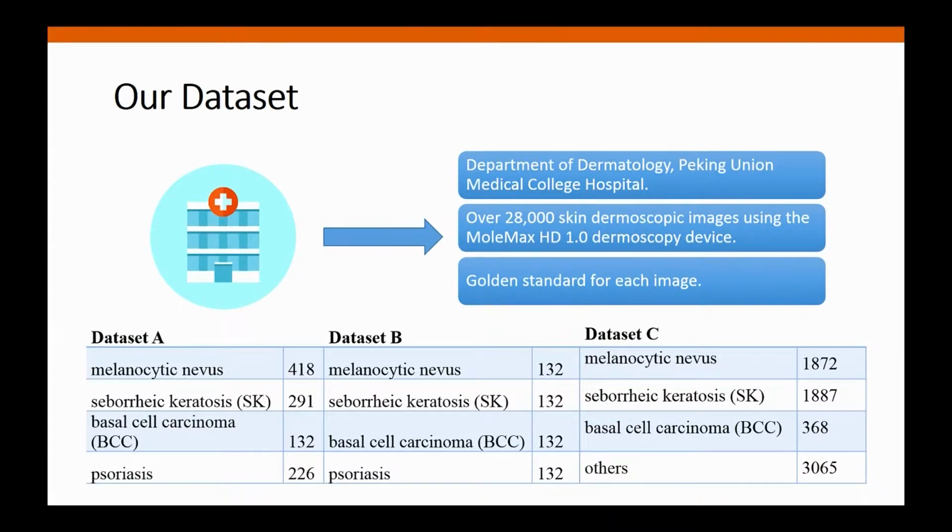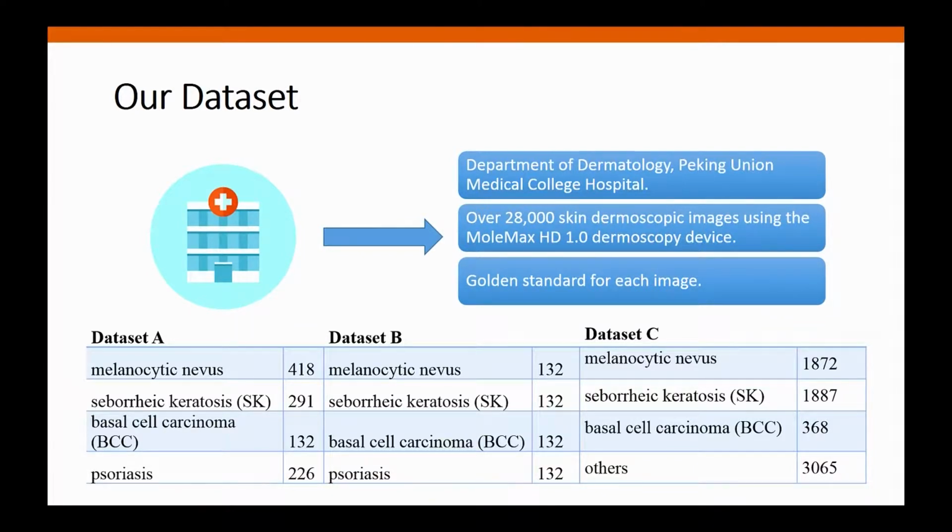For data set A and B, the only difference is that we wanted to test if there is any influence of the uneven distribution of the images in their different categories. So for data set B, we extract the same amount of images from each category, that is 132, to run experiment B. And for data set C, you can see the amount of images that we use improved a lot.